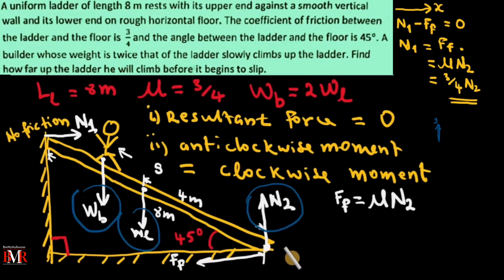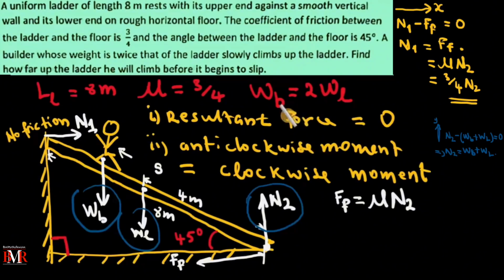Since I've taken the positive y-axis to be the positive direction, it means I'm going to have N2 to be the leading force. That is N2 minus (weight of the builder plus the weight of the ladder), all this equal to 0. That means N2 is equal to the weight of the builder plus the weight of the ladder. Since all this bracket goes to the other side of the equal sign, it becomes positive.